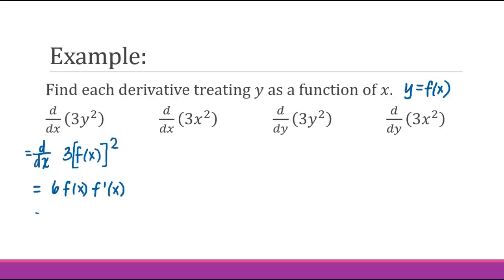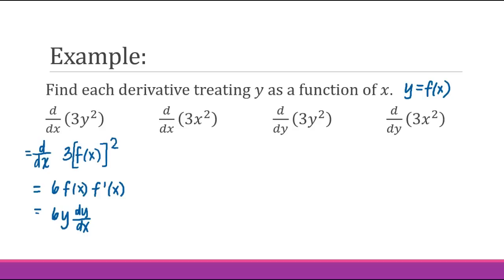We'll go ahead and clean it up to look like 6, and we said f of x was equal to y, so 6y, and then f prime of x. We have a couple different ways of writing this. f prime of x, we can write as y prime, or we can write it as dy dx. In this case, we're going to choose to write it as 6y dy dx.